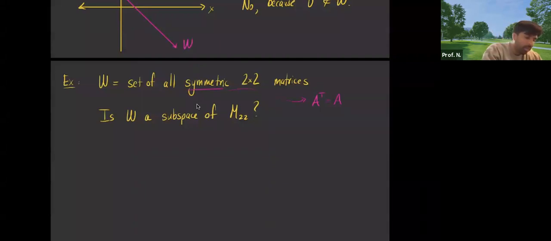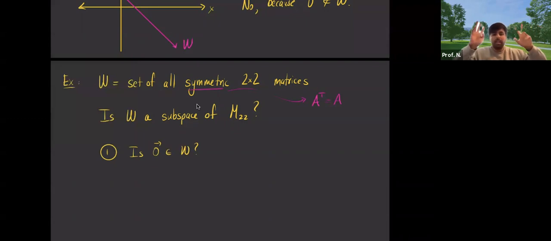Well, what's the first thing we have to figure out? Is 0 in it? What would be the zero vector in M22? It would be the zero matrix.